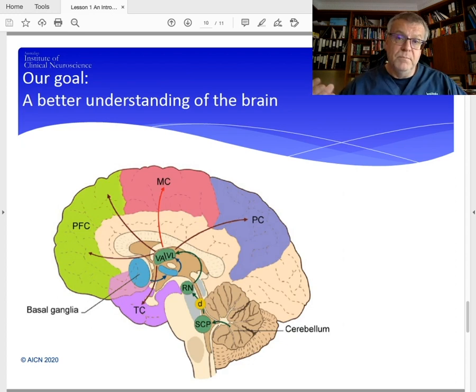The parietal cortex was responsible for somatosensory input and integration. Motor cortex was associated with movement and things like that, and the occipital cortex with vision. Now, we now understand, yes, a lot of those components of those things happen in those areas of the brain.